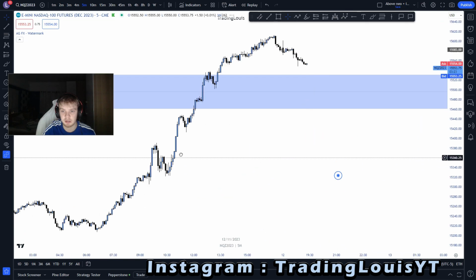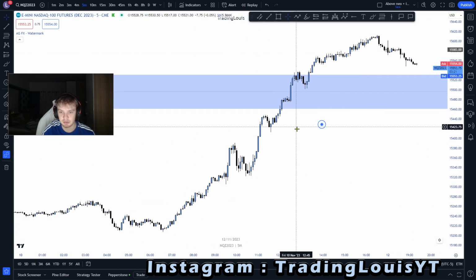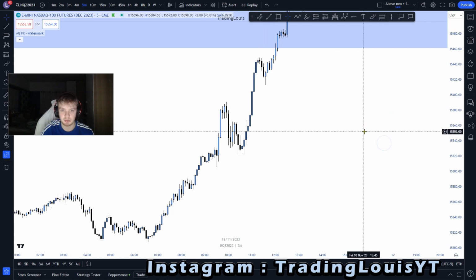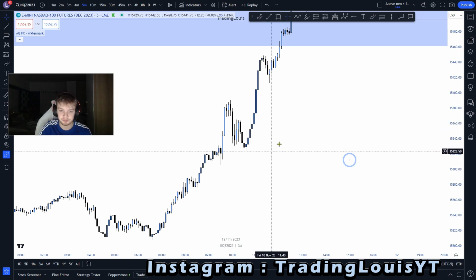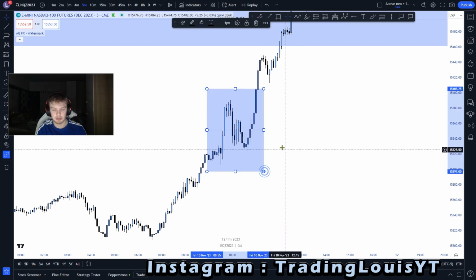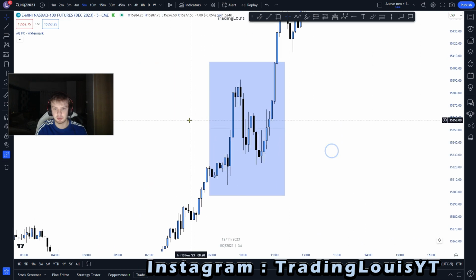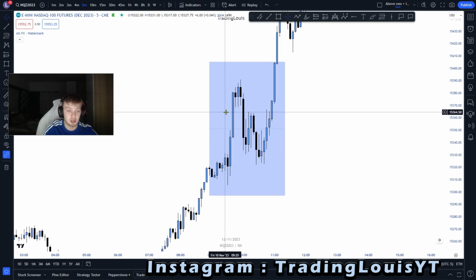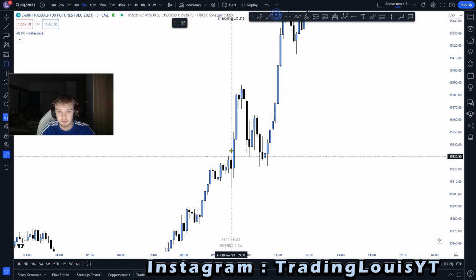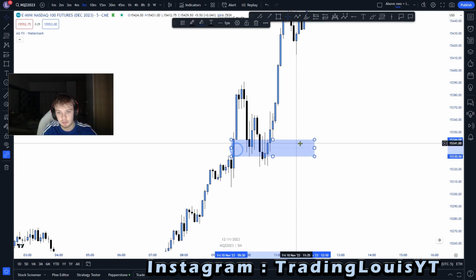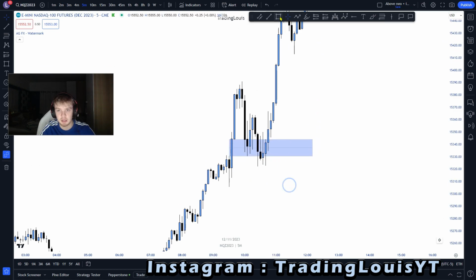Now if we go to the 5-minute time frame, and let's just go to Friday, which is the most recent trading day. It's currently Sunday. So if we're looking at Friday and we're looking at this price action right here, which is just the 9:30 open on Friday, as you can see, we have a fair value gap here, a bullish fair value gap here, and a bearish fair value gap here.